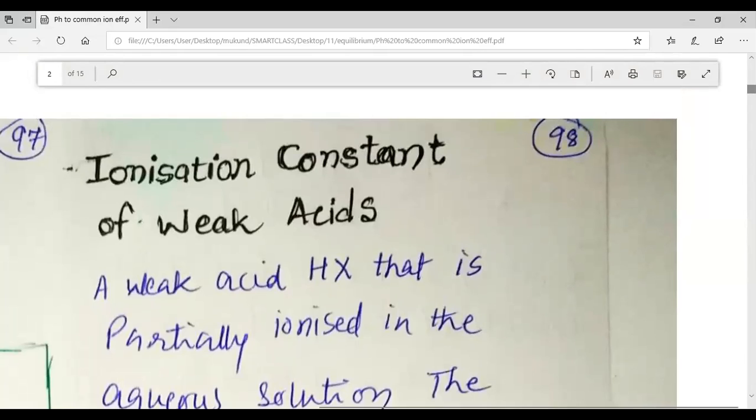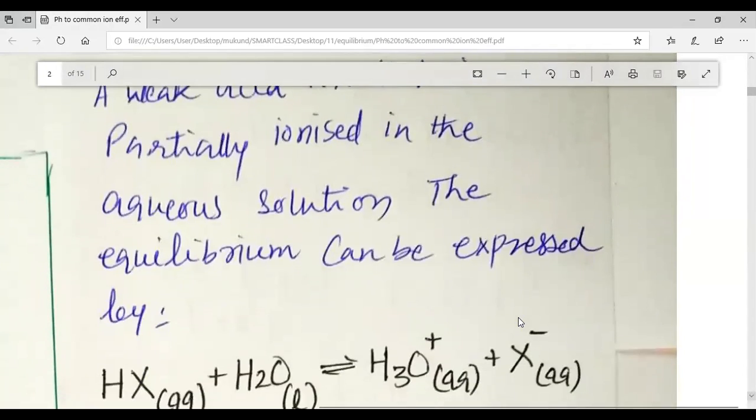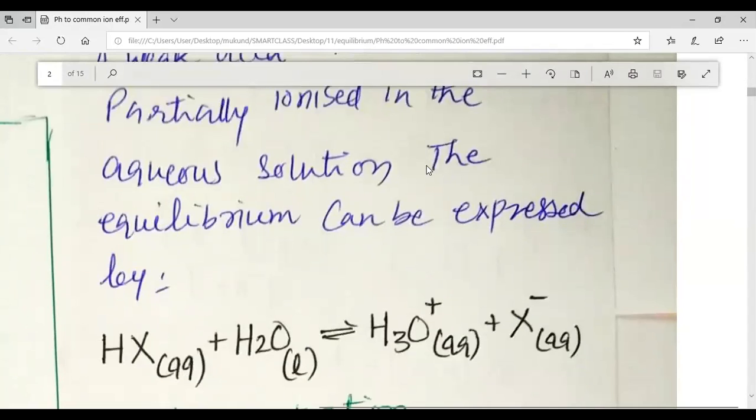Here we are going to study the ionization constant of a weak acid. A weak acid HX is partially ionized in the aqueous solution.